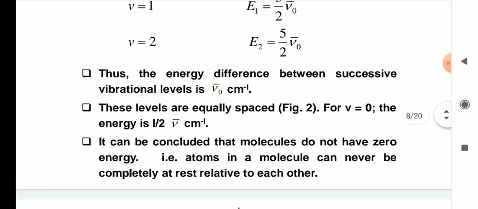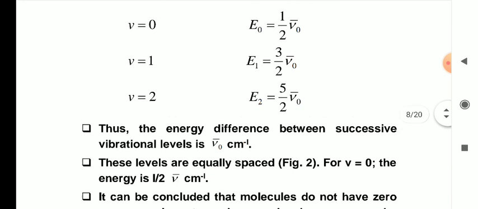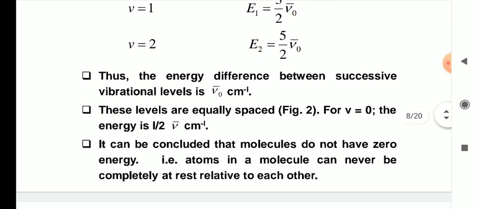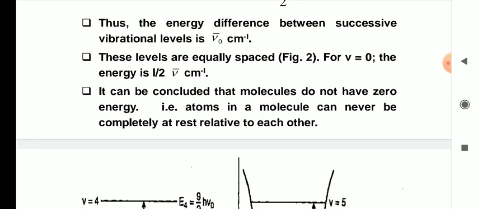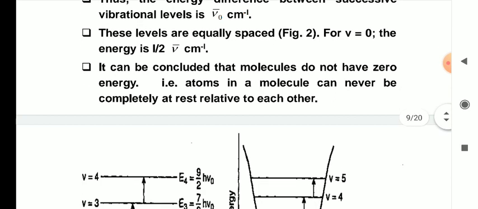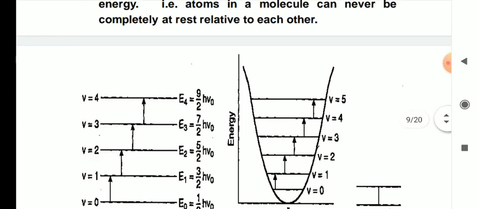For v equal to 0, the energy is equal to 1 by 2 nu bar centimeter raised to minus 1. It can be concluded that molecules do not have zero energy. That means atoms in a molecule can never be completely at rest relative to each other.